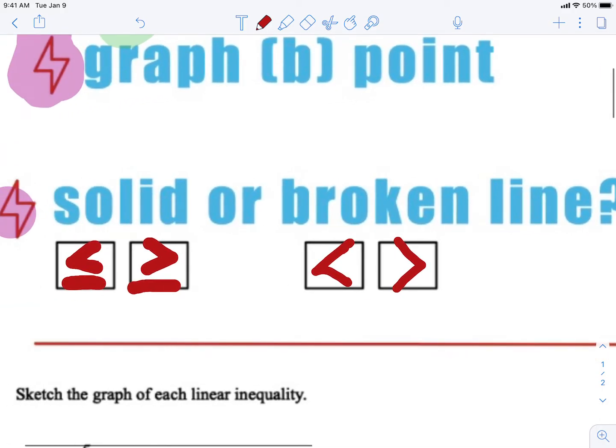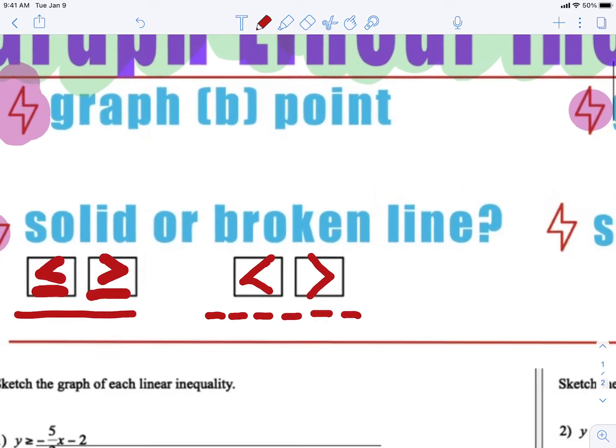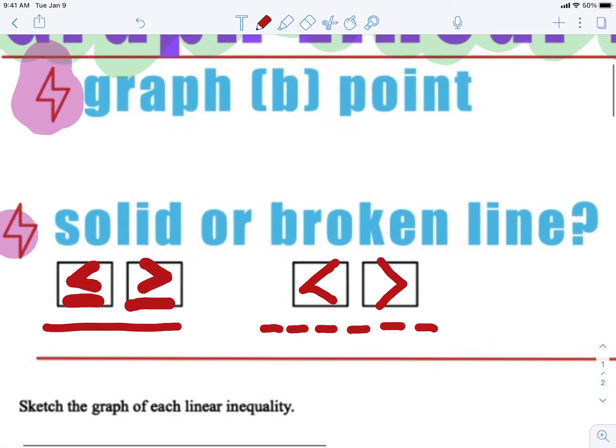So this one is going to be a solid line, and this one is going to be a broken line. Again, the difference is these equals. If it has equal, it's going to be a solid line. If it does not have equal, which these don't, it's going to be a broken line.